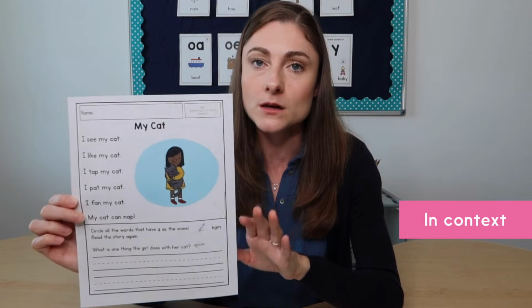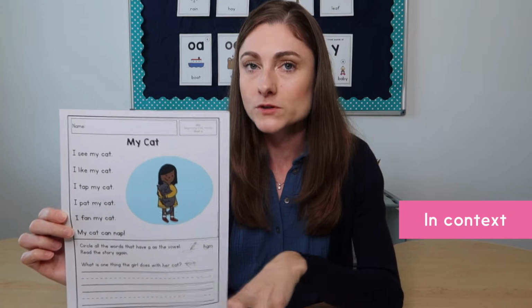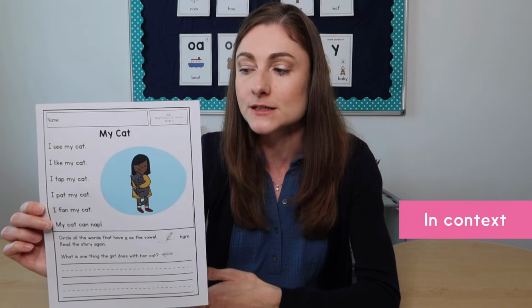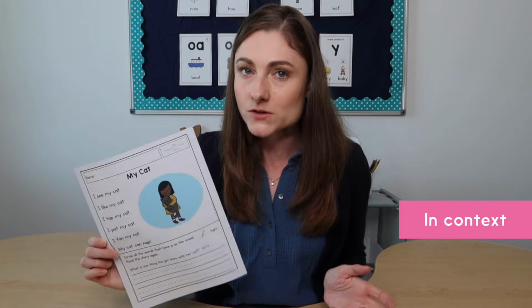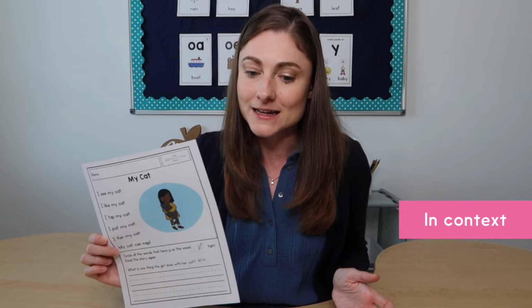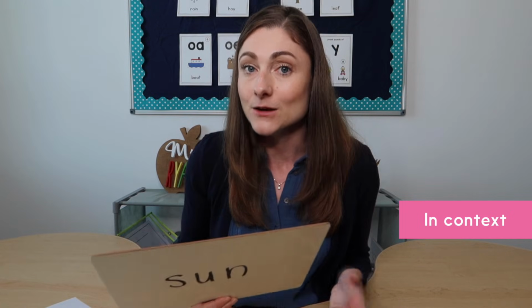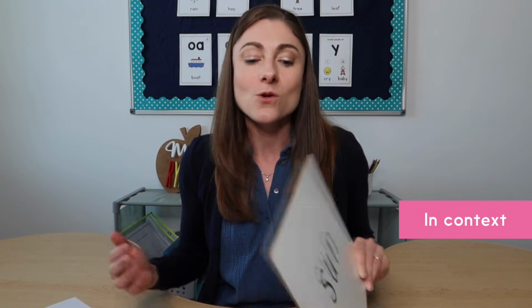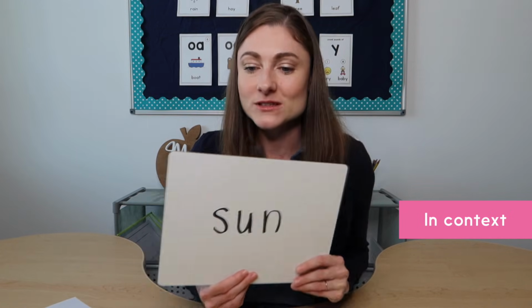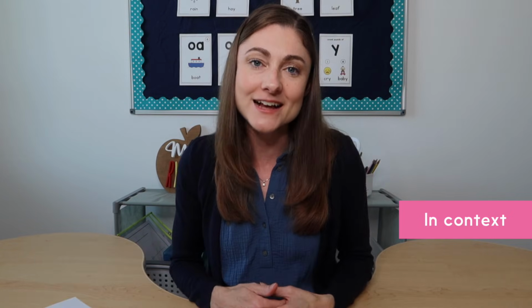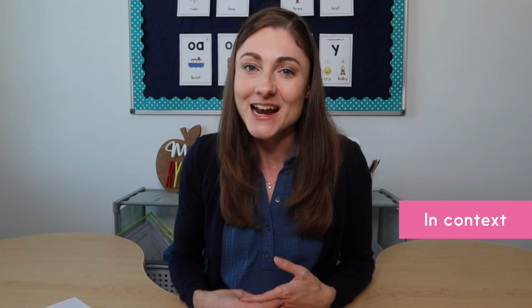I just grabbed one example, but the books are really intentionally limited so that kids don't have to decode tons and tons of CVC words, yet they're also getting that in context practice because for this all to be meaningful, kids really need to be reading, right? That's the whole point. So when they can read sentences with CVC words, then it's time to also bring in some little decodable text to help them put it all together and actually read. And that is such a good feeling for them when they can finally do that.